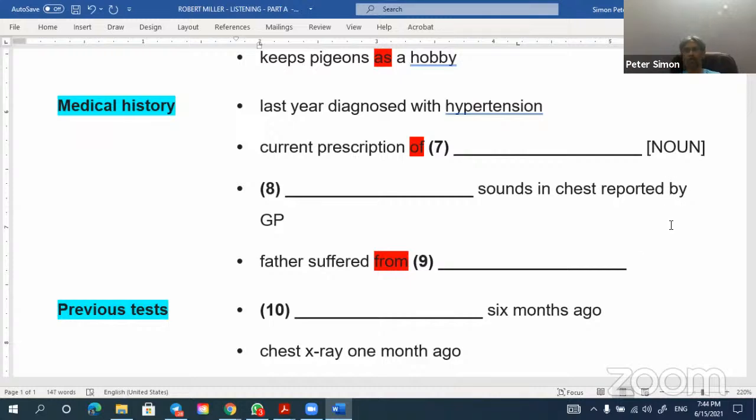Dash sounds. Sounds is a noun. Dash sounds. Harsh sounds. Huge sounds. Irritating sounds. Okay. Screeching sounds. So dash sounds. Terrible sounds.